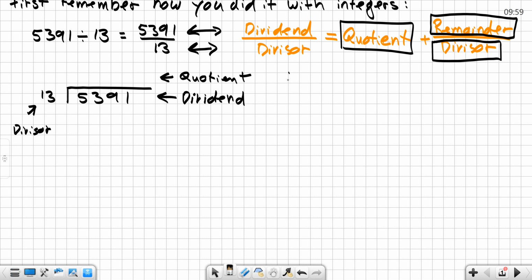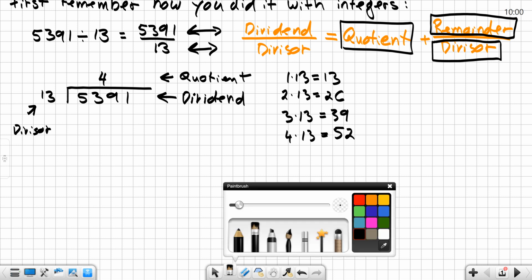Well, 1 times 13 is 13. 2 times 13 is 26. 3 times 13 is 39. 4 times 13 is 40 plus 12, that's 52. So 4 times is the most that 13 goes into 53. So I have a 4 right here.